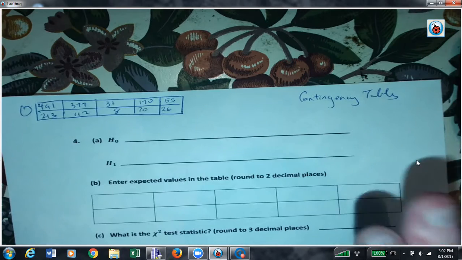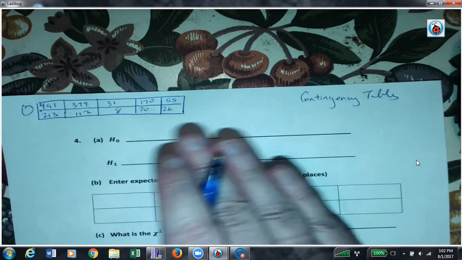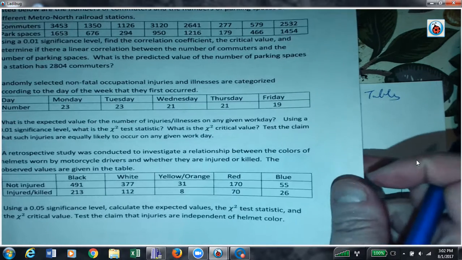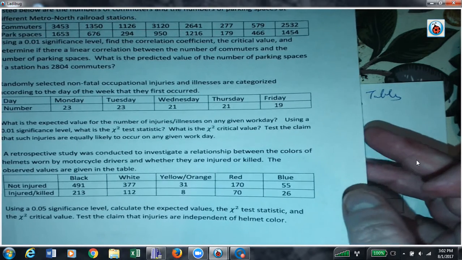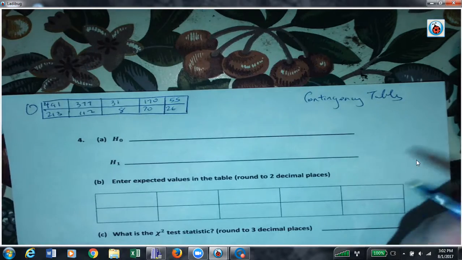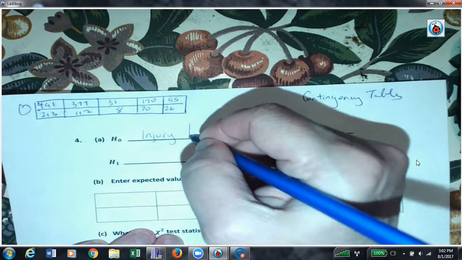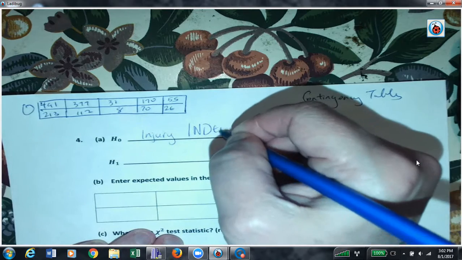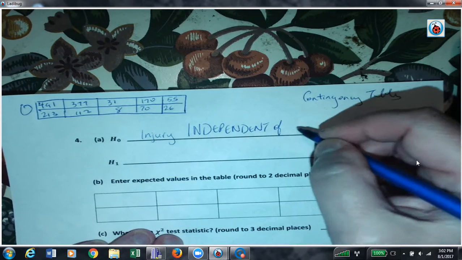Okay, so contingency tables, the null hypothesis is always nothing fishy is going on, so there's no relationship between the color of the helmet and whether or not you get injured. So injury is independent of helmet color.